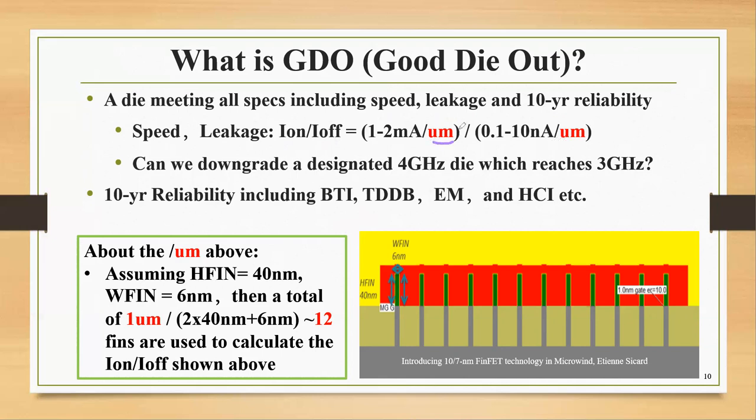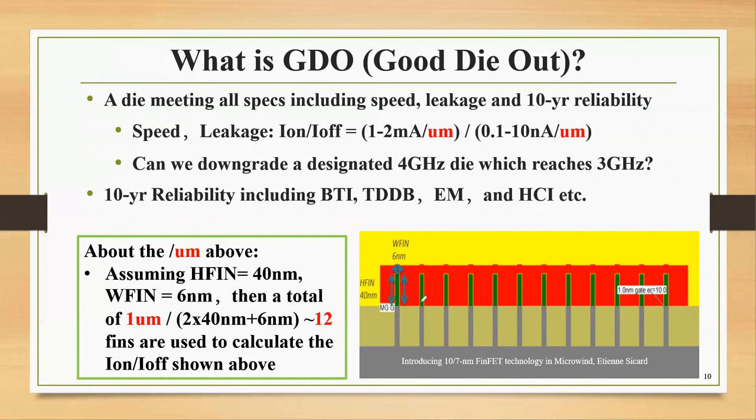I'll give an example here of this per micrometer. In a FinFET world, per micrometer means you need to find out how many fins you need to generate 1 micron of width. In this technology, like 10 nanometer or 7, the fin height is 40 and the fin width is 6 nanometer. So each fin has a width of 40 times 2 plus 6.